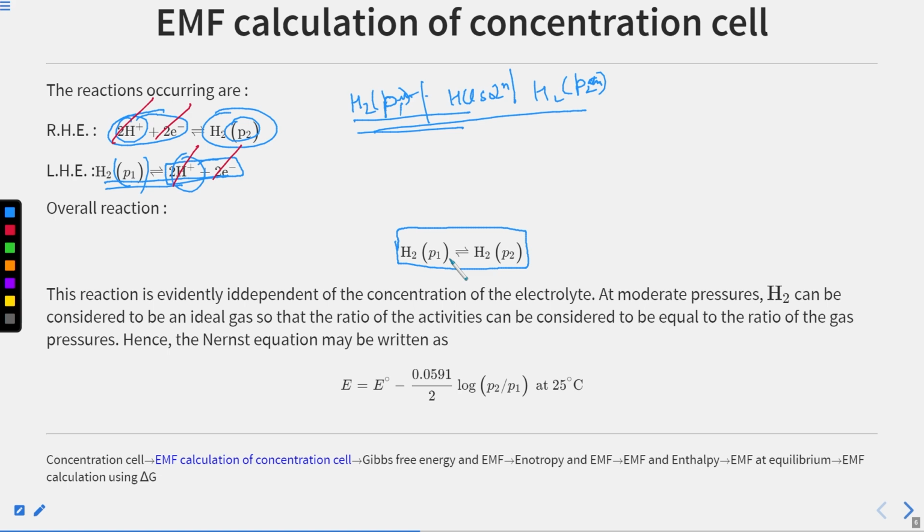Now the thing to notice here is that we are independent of concentration. There is no concentration term in the final equation, and H2 can be considered as an ideal gas.